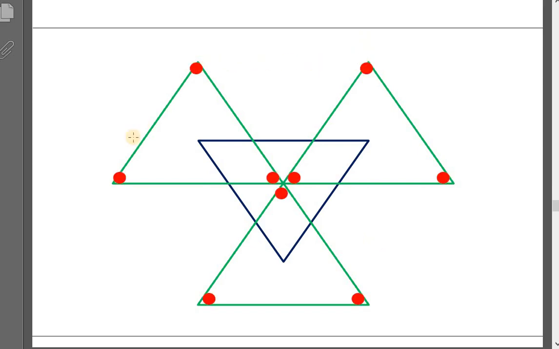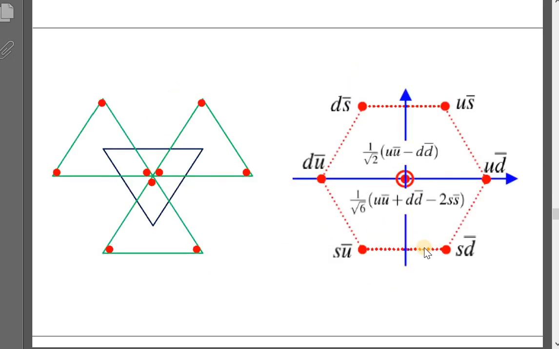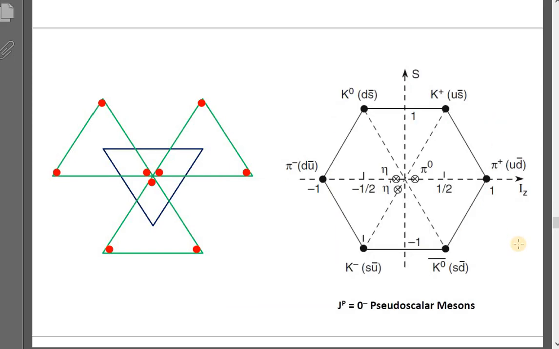These are the 9 states: 1, 2, 3, 4, 5, 6, 7, 8, 9. These are the states which I have noted down here, and this represents the pseudoscalar mesons.